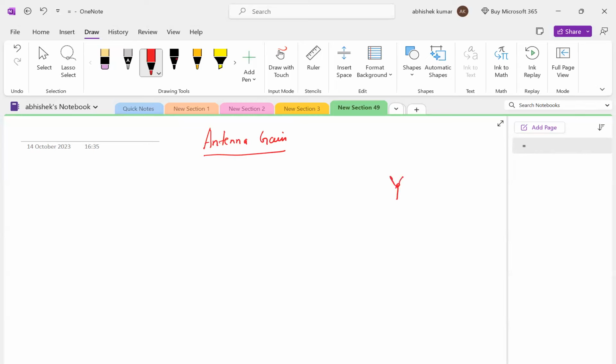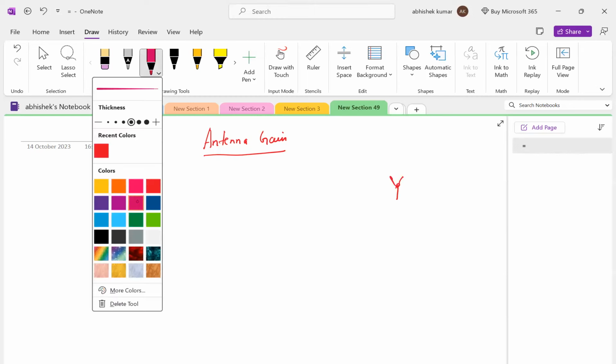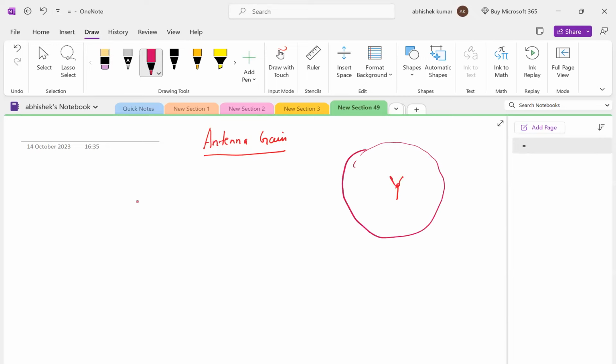Suppose this is our antenna, and if it radiates equally in all directions, then that antenna is known as an isotropic antenna. An isotropic antenna is also known as a reference antenna. With a reference parameter, we are measuring the gain of another antenna, and that is defined as antenna gain.